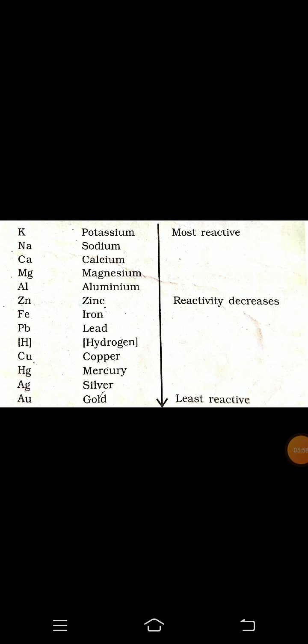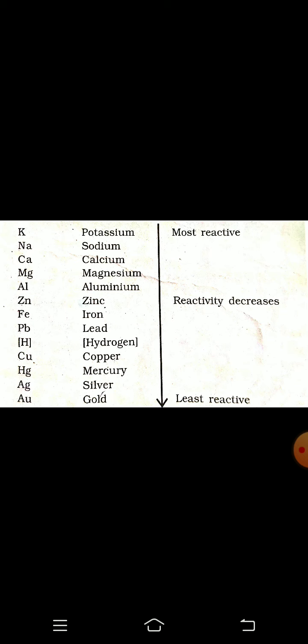You need to remember that a metal which is more reactive than the other will displace that metal from its compound. Now let us see the reactivity series first. Keep it in mind that it is a series in decreasing order. The most reactive metals are potassium, sodium, then calcium. These all are in decreasing order.